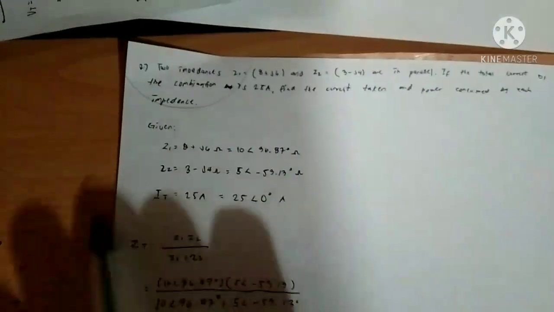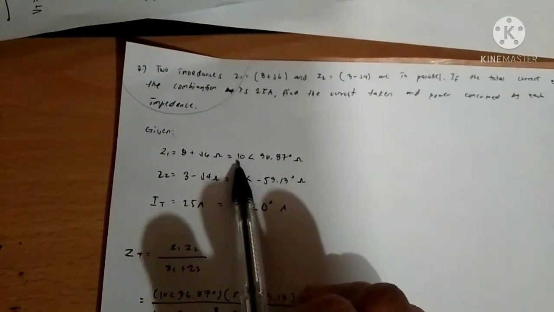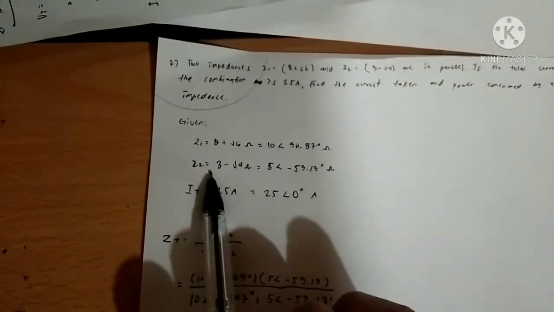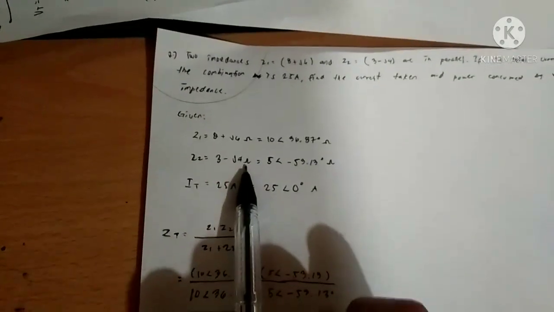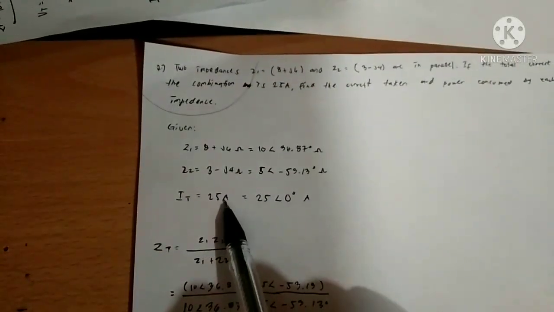So Z1 is equivalent to 8 plus J6 ohms, which is 10 angle 36.87 degrees ohms. And Z2 is equivalent to 3 minus J4 ohms, which will equate to 5 angle negative 53.13. And the I total, which is 25 amperes, has no direction given, so we'll just assume it is 0 degrees.